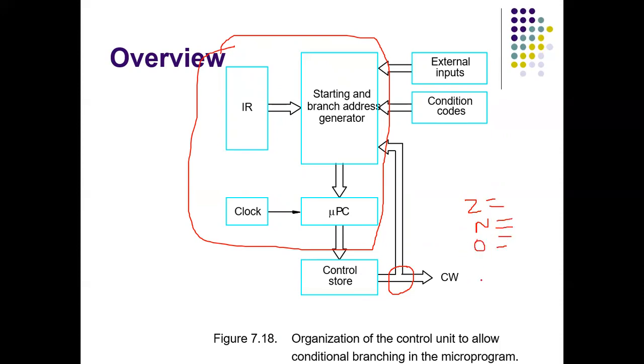If any one of these flags is set or reset, then instead of following the normal flow, the program may have to execute some other instruction. Such cases we call a branch instruction.